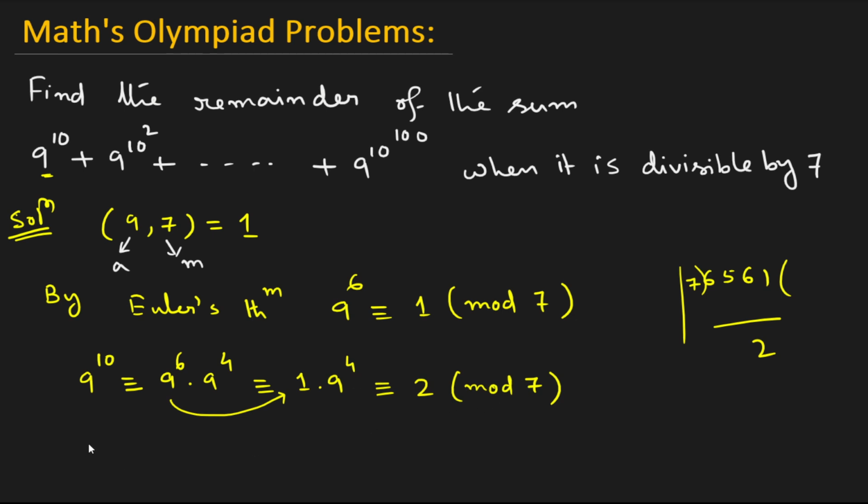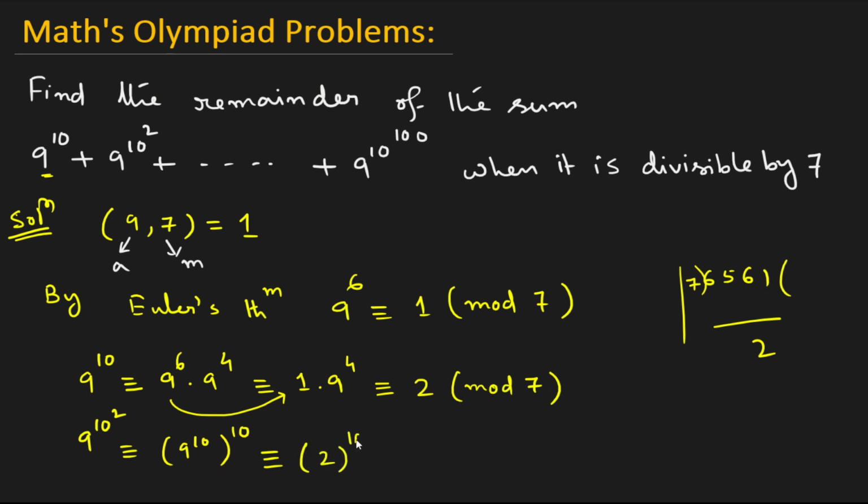But it's easy. Now let us take the next number, which is 9 to the power 10 squared. Congruent to this, we can write (9 to the power 10) to the power 10. In the last line, we see that 9 to the power 10 is congruent to how much? 2 modulo 7. So when we divide 9 to the power 10 by 7, we will get 2.